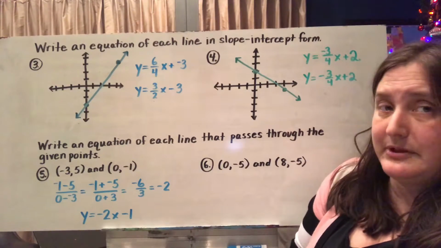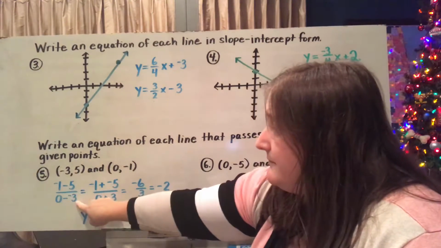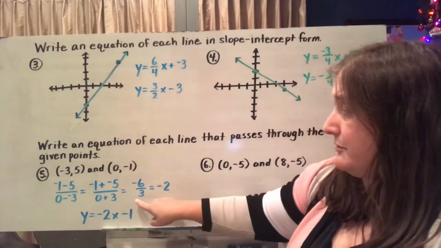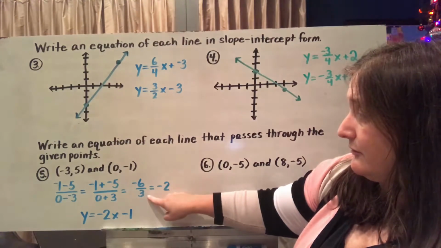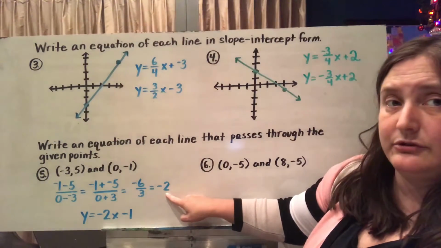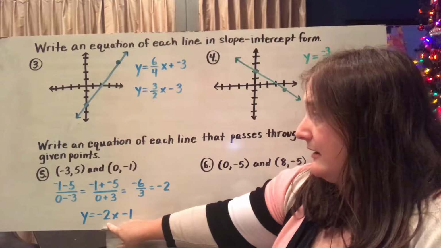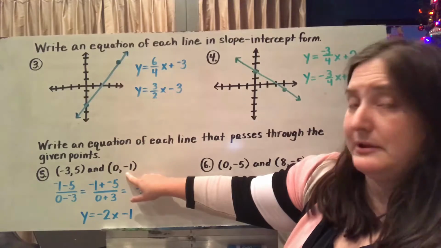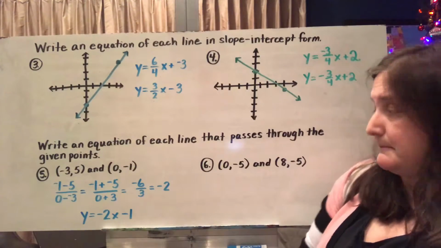And then I'm going to do the same thing for my run. 0 minus -3 is the same as 0 plus 3, or 3. So my run is 3. And -6 over 3 will reduce to -2. So -2 is my slope. So y equals -2x. And then it would be plus -1 or -1 for my y-intercept.